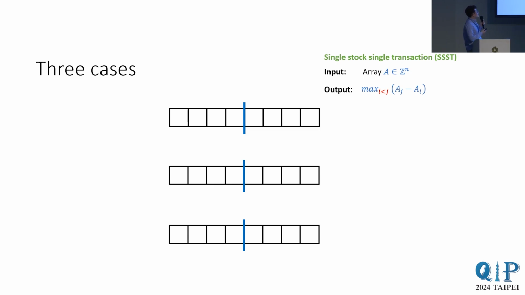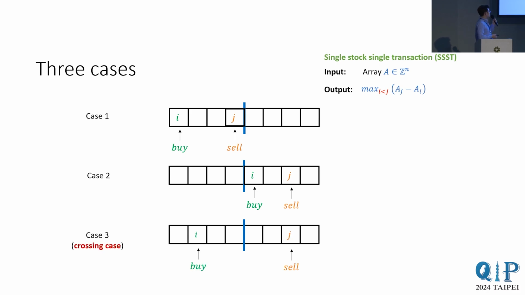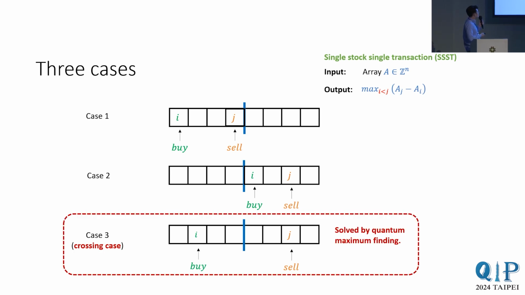But with the constraint i less than j, we have to consider two cases. The first case is that the optimal pair of buying time and selling time are both in the first half, or both in the second half. And the last case is that we buy in the first half and sell in the second half. This is what we call the crossing case.